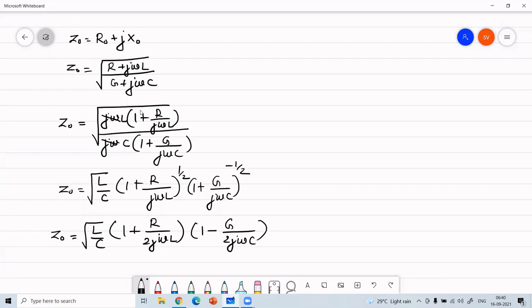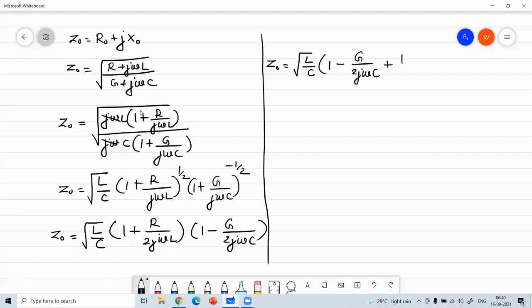Now let us multiply these two terms with each other. So Z0 is equal to root of L by C into (1 minus G by 2 j omega C plus R divided by 2 j omega L plus R by 2 j omega L into minus G by 2 j omega C).